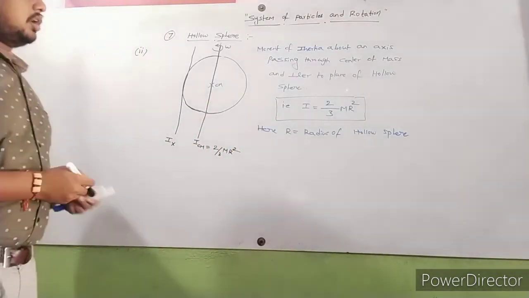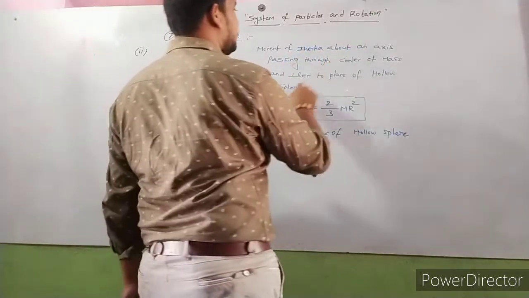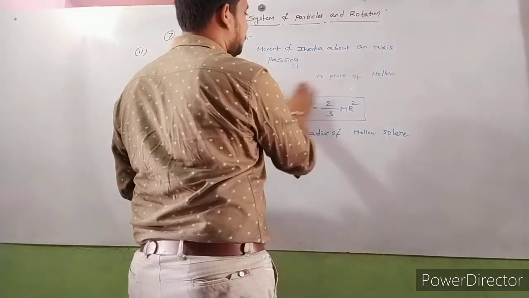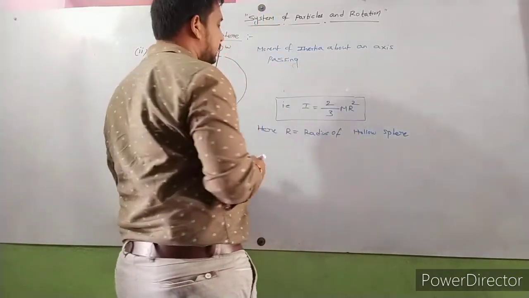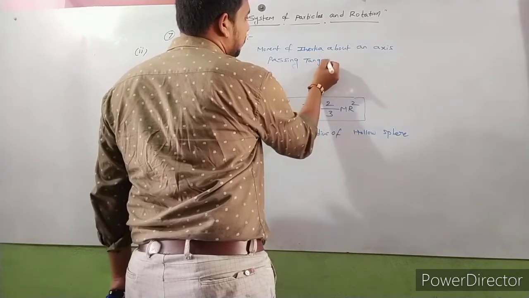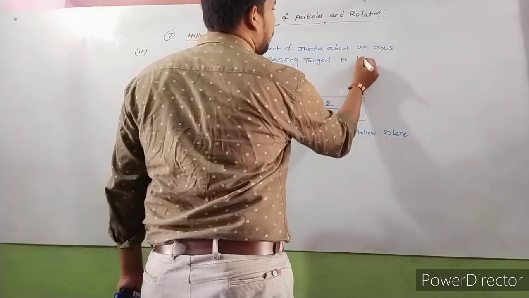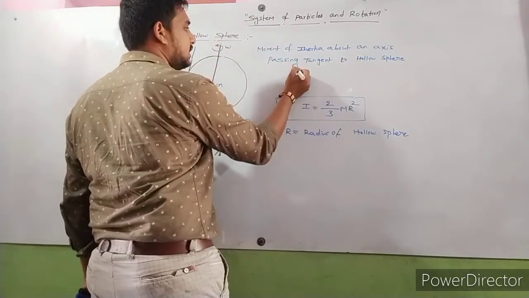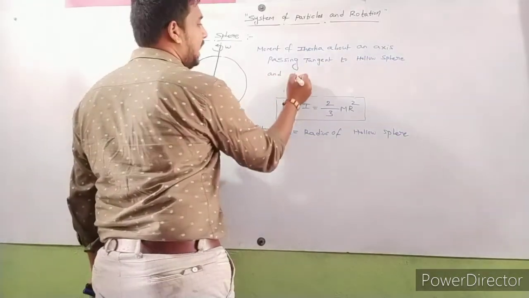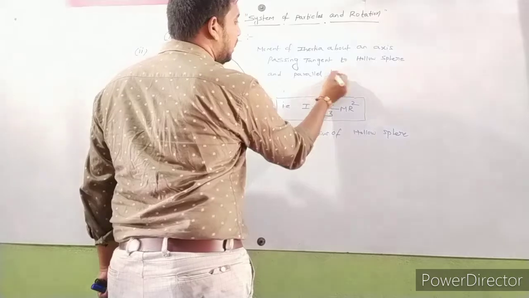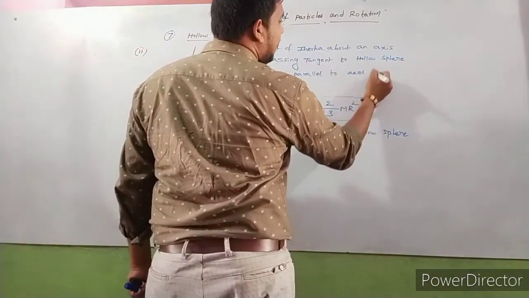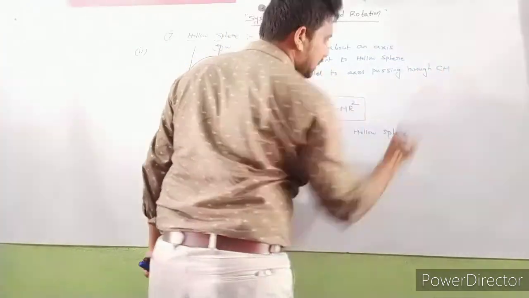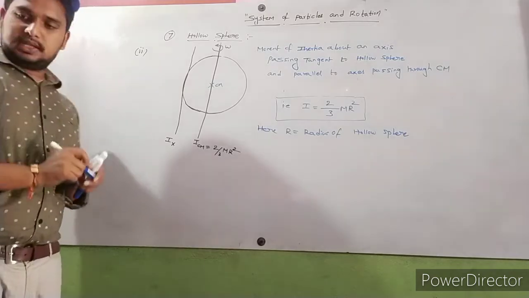Now the moment of inertia about an axis tangent to the hollow sphere and parallel to the axis passing through the center of mass. So this is very important.